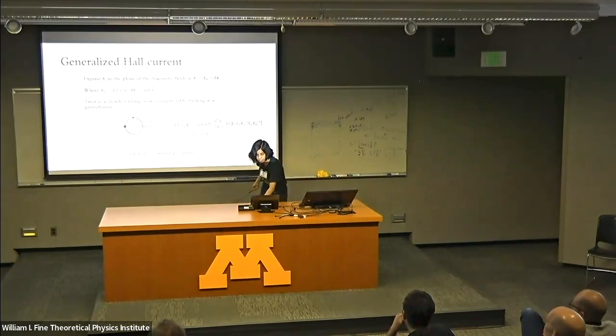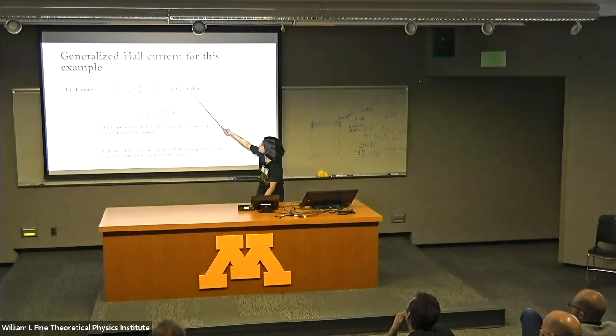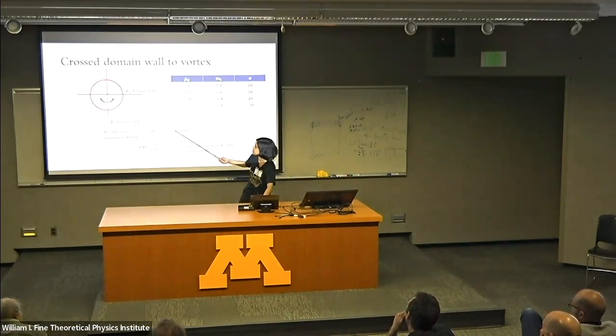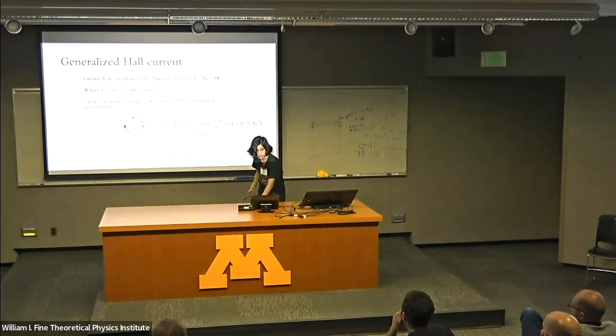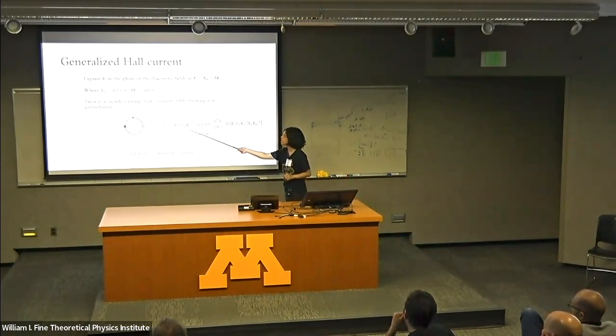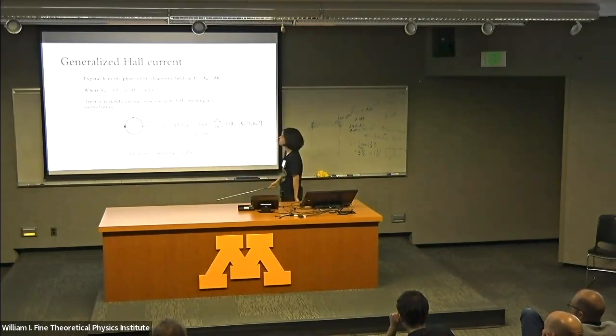I have just taken my K matrix, which depended on phi 1 and phi 2, rewritten like this, and then expanded in alpha. And so now in this theory, I can compute J mu chi, and I have a single insertion of alpha here.